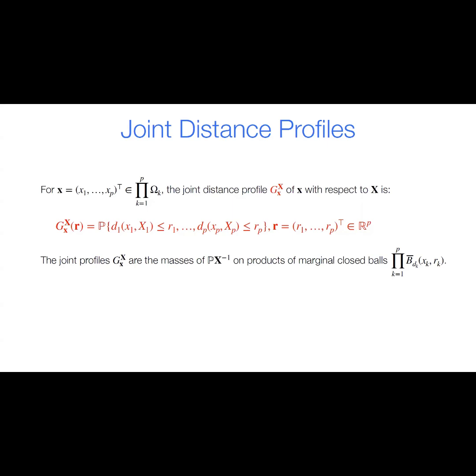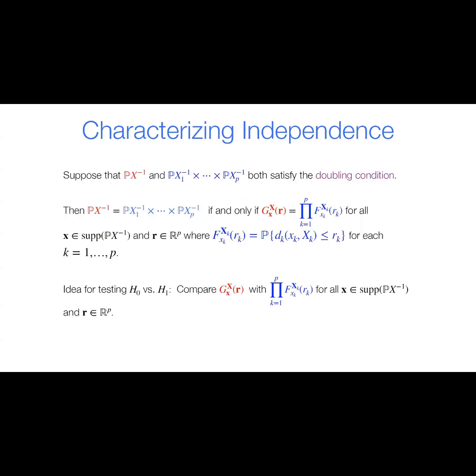So basically, these joint distance profiles are the masses of the joint law on the products of these marginal closed balls. Now, one can characterize independence using these joint distance profiles. Suppose that both your joint law and the product law satisfy the doubling condition that I mentioned at the start of this talk.